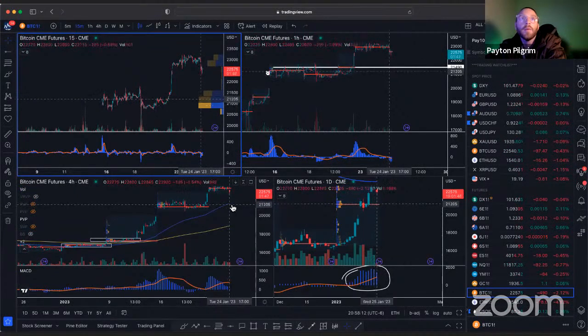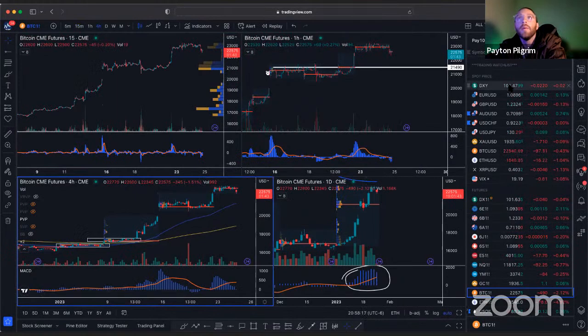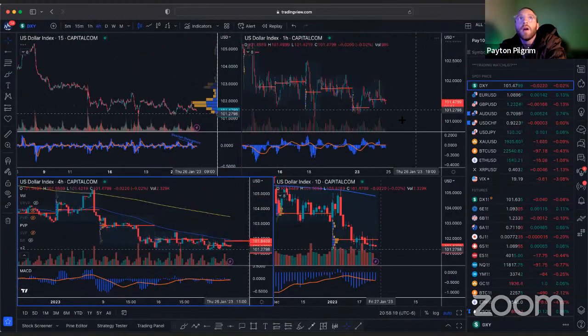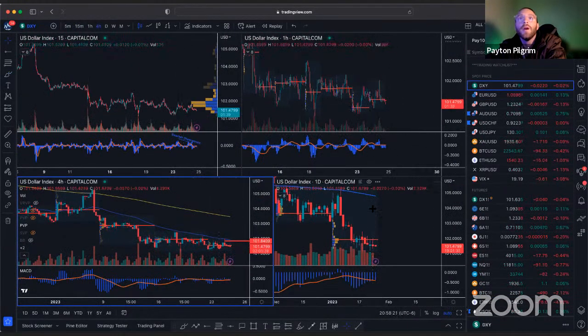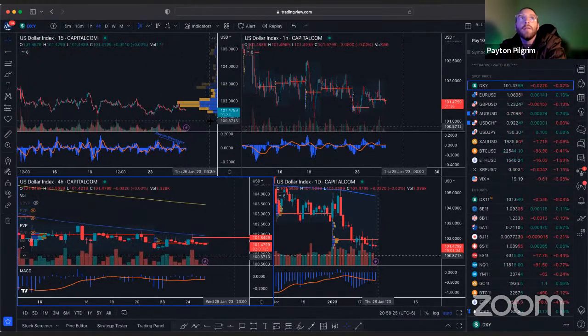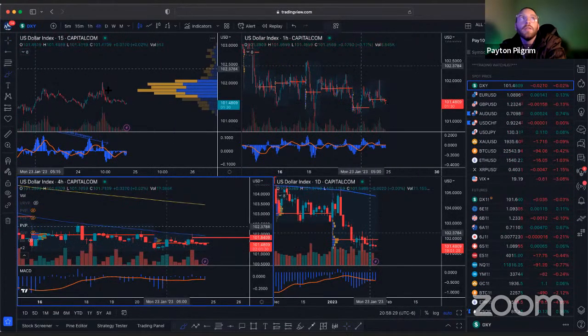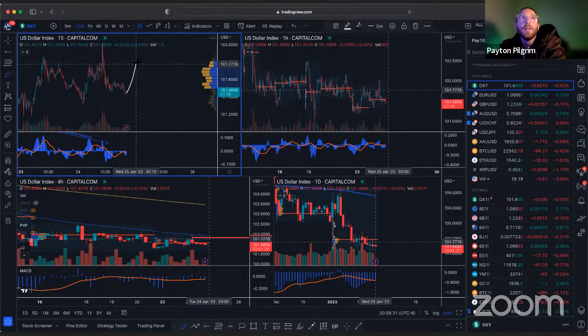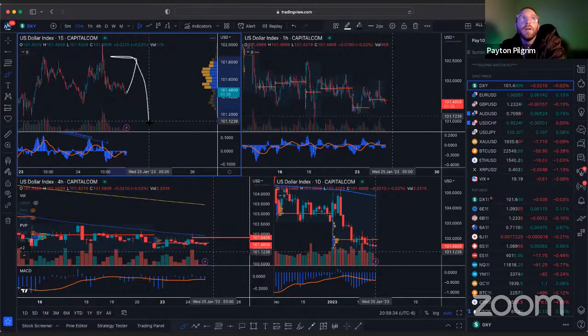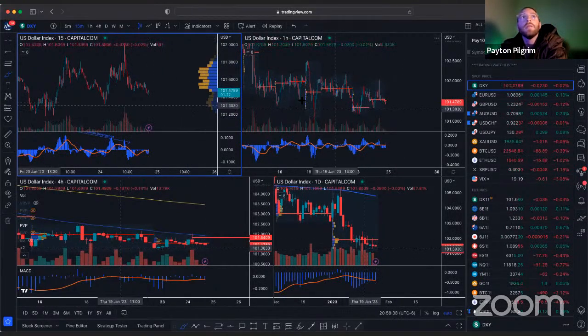That's probably where this 50 EMA is going to be. But we would need to see the dollar rise a little bit for it to do that. So I'm not really in favor of the dollar rising. Maybe to just, yeah, the dollar could easily come up to here and then drop. So that's something else.